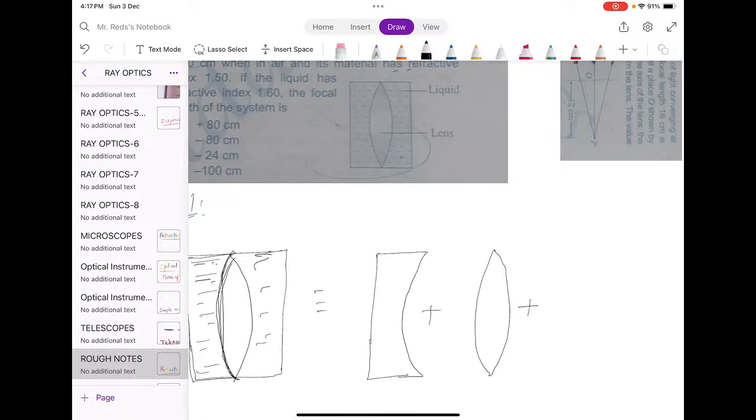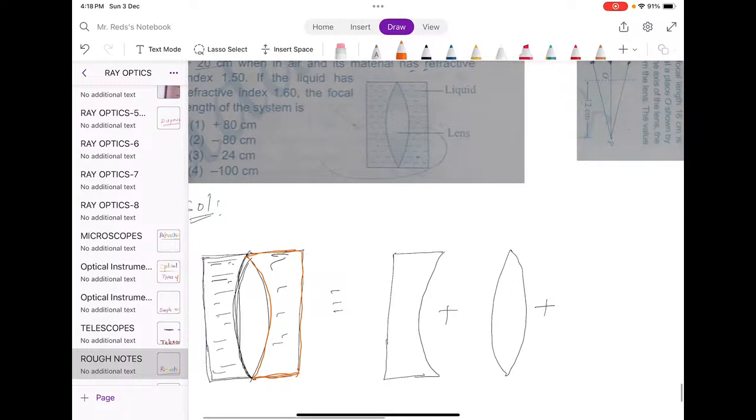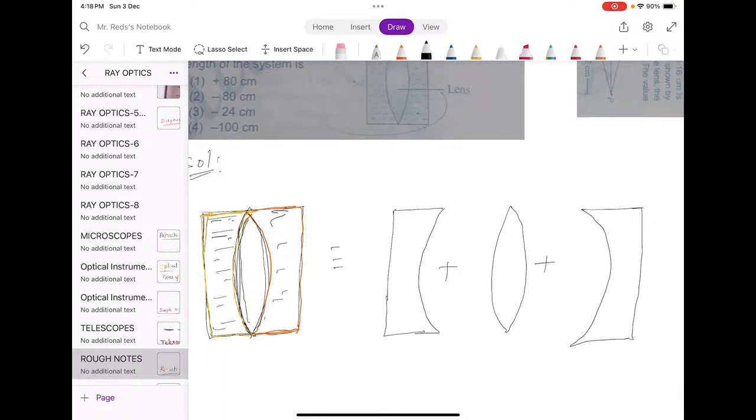And the remaining part will act as another concave lens. So this is identical to these three lenses: a plano concave lens, a convex lens, and another plano concave lens.